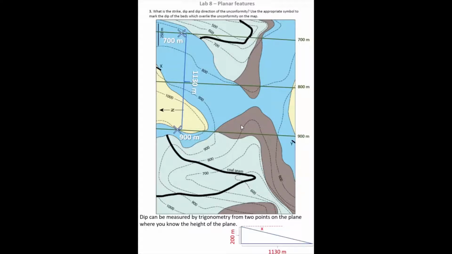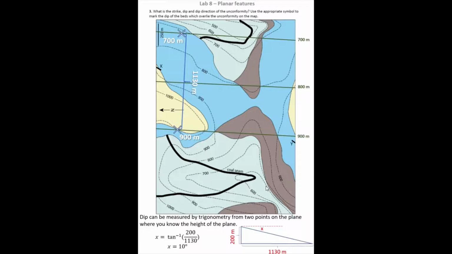Now we can build ourselves a conceptual triangle, and to calculate the dip of that unconformity, we take the inverse tangent of the opposite divided by the adjacent. So we take the inverse tangent of 200 divided by 1130, and that tells us that the unconformity and the rocks deposited above the unconformity are dipping at 10 degrees.